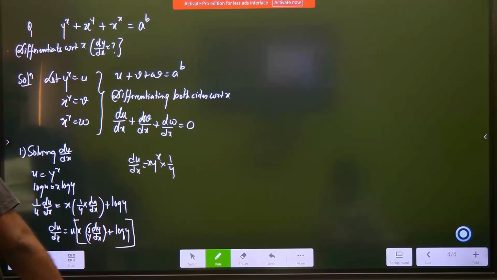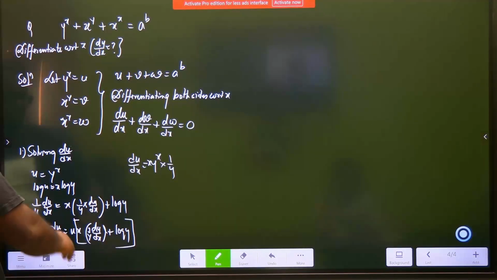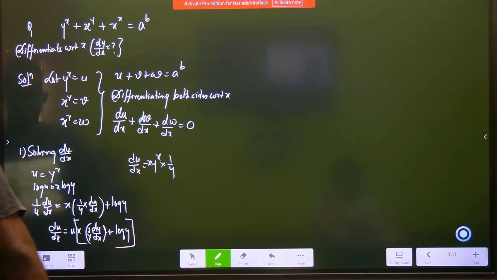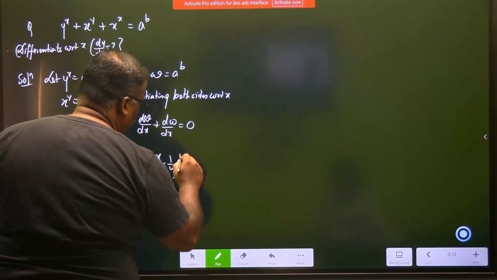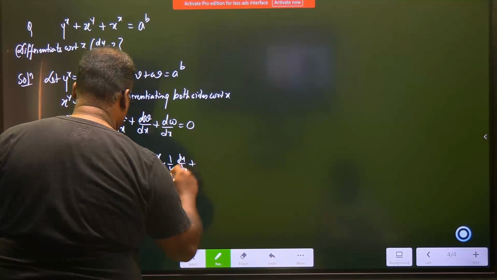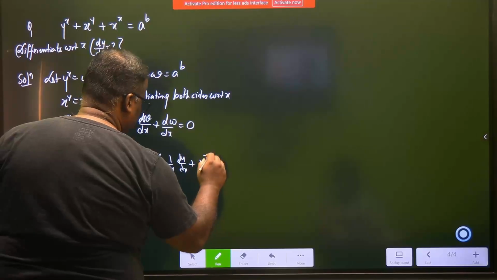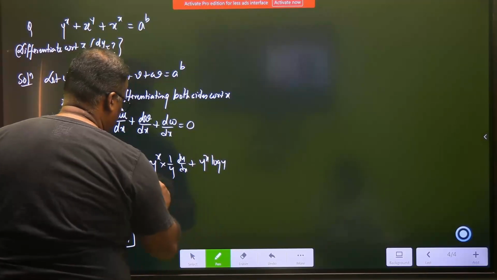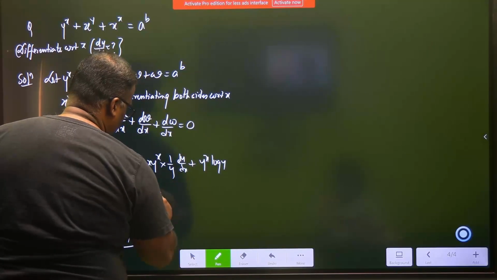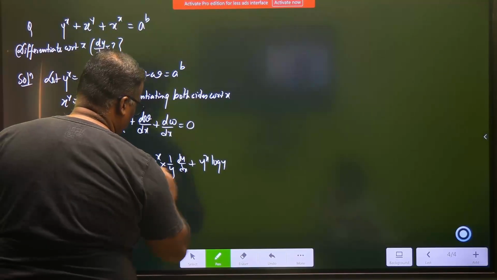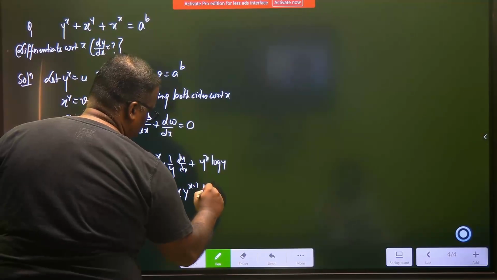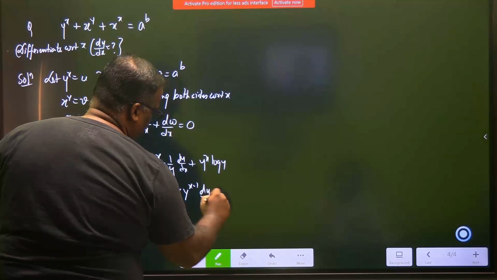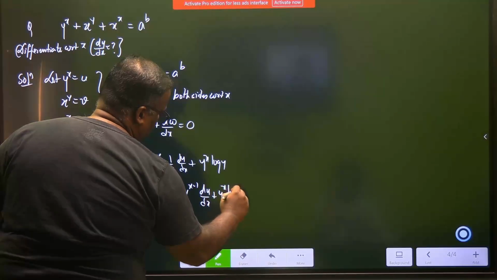You will multiply both, so it becomes x y to the power x into 1 by y dy by dx plus y to the power x log y. So further we can write du by dx is equal to x y to the power x minus 1 dy by dx plus y to the power x log y.